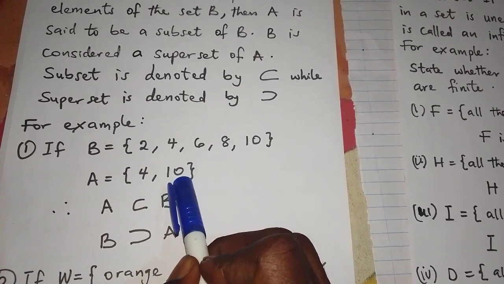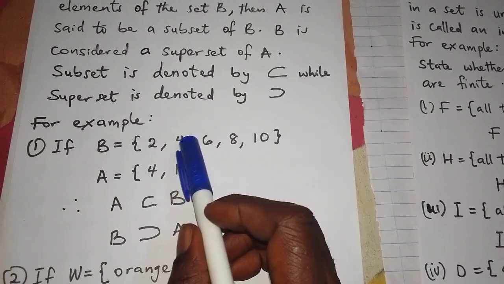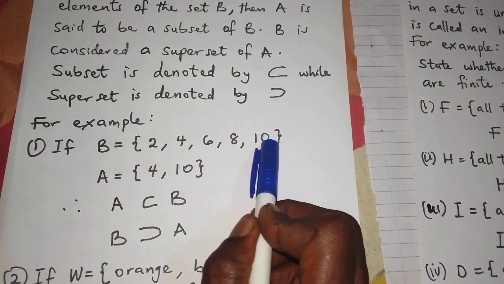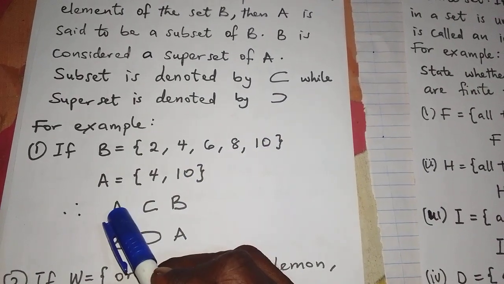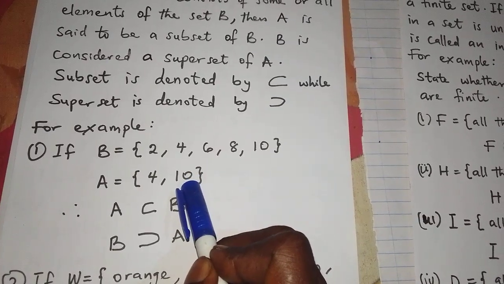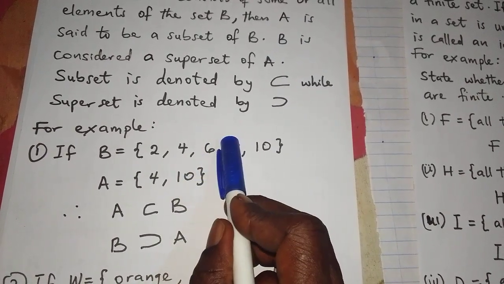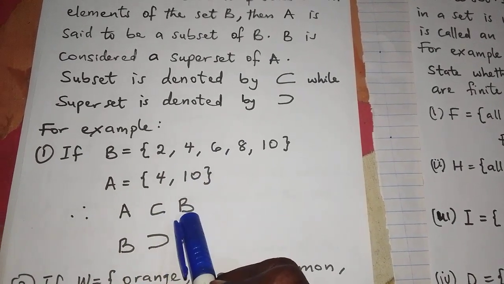You will notice something here: 4 is in set A, 4 is in set B. 10 is in set A, 10 is in set B. This means that all the elements in set A are in set B. So set A happens to be a subset of set B.